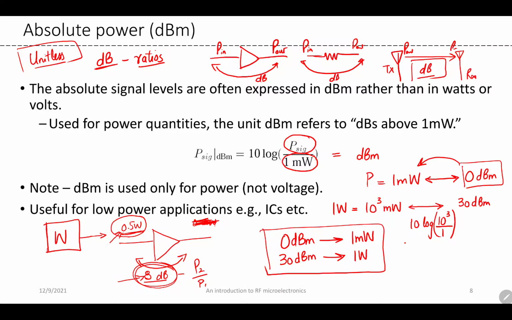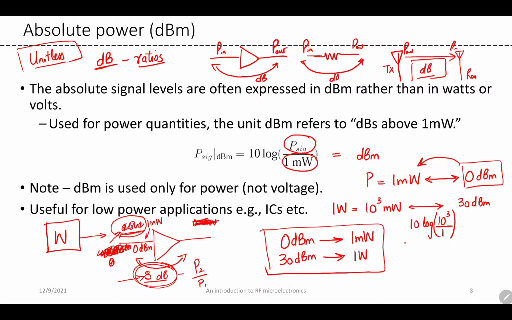So instead of saying 0.5 watts, we'll say -3 dBm. Oh, sorry, it's not -3 dBm. Okay, let's use an easier number. For example, you have 1 milliwatt, to make it easier. 1 milliwatt, which is 0 dBm.